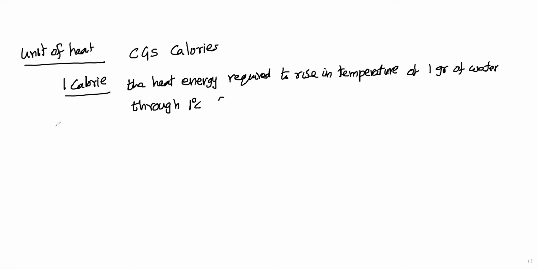The SI unit of heat is the joule. So 1 calorie is equal to 4.186 joules, approximately 4.2 joules.